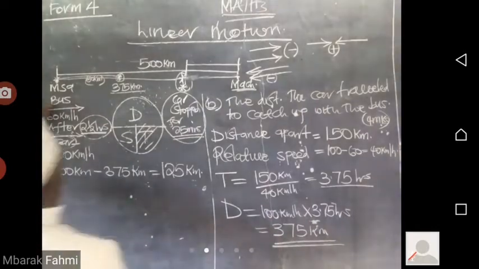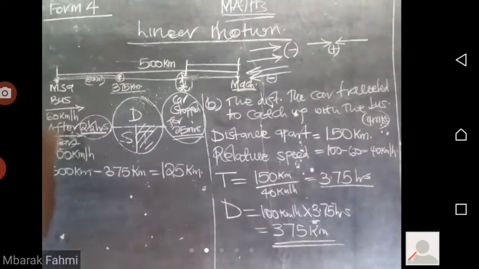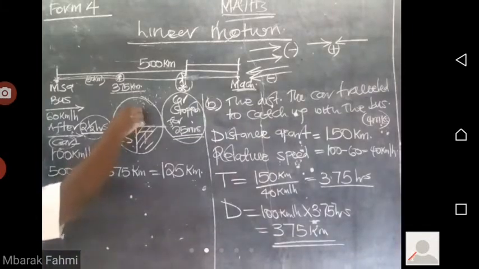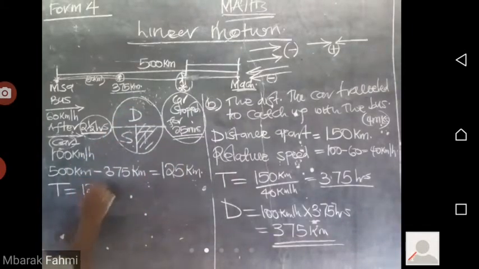And the bus is moving at what speed? It is moving at a speed of 60 kilometers per hour. So what time will it take? Time is equal to distance, which is 125, divided by speed, which is 60 kilometers per hour.